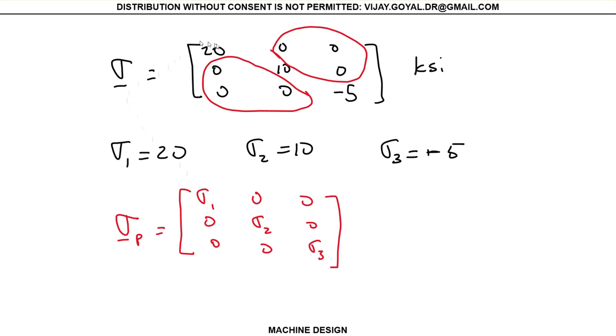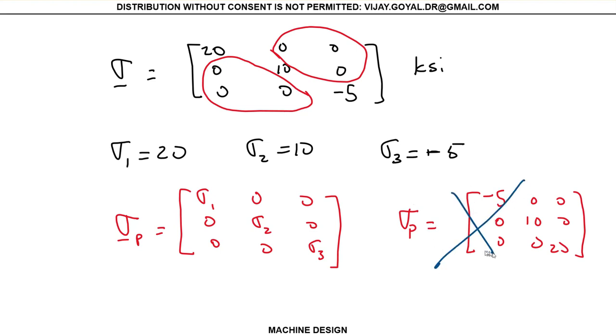And you can see they are in order: sigma 1 is bigger than sigma 2, bigger than sigma 3. If by any chance somebody told you that your state of stress, let's say, was equal to minus 5, 10, 20, you would immediately say this is a state of stress, but it's not a principal state of stress.